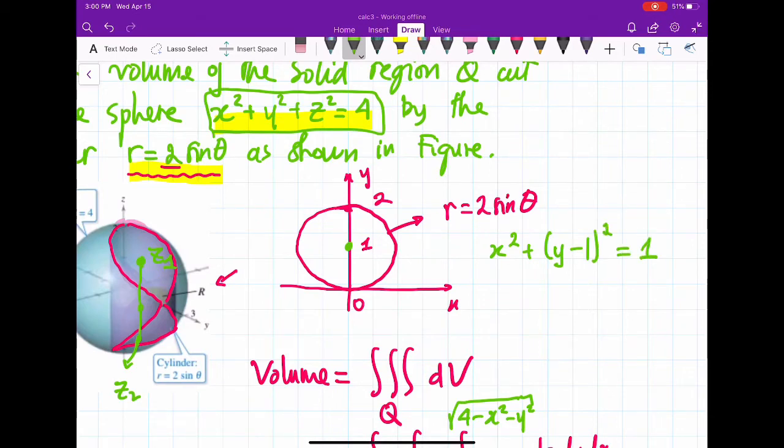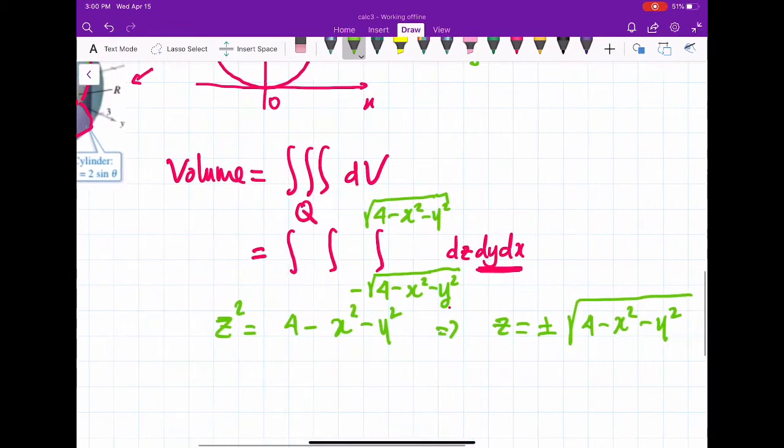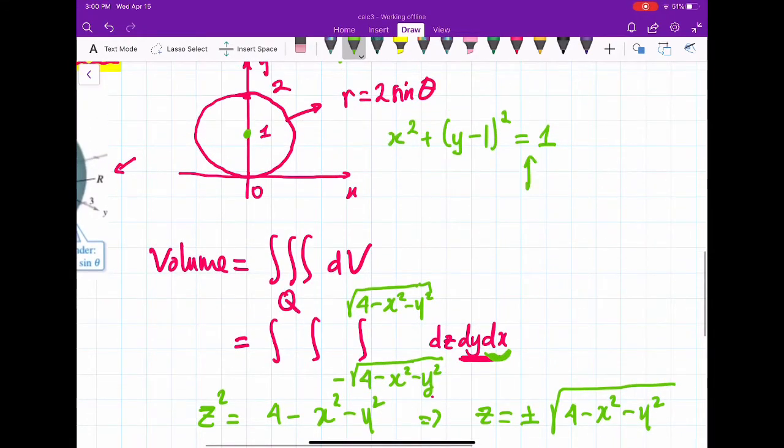You see that? And in order to find the y distance, I need to fix x, right? And I solve this equation for the y. Make sense? So each time when I fix x, I will draw a vertical line right here. So I need to find this point and this point. But it's pretty easy.